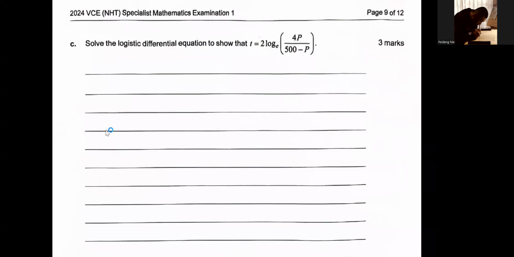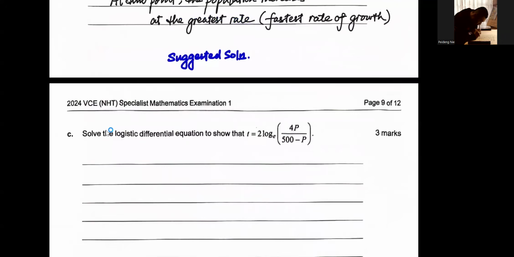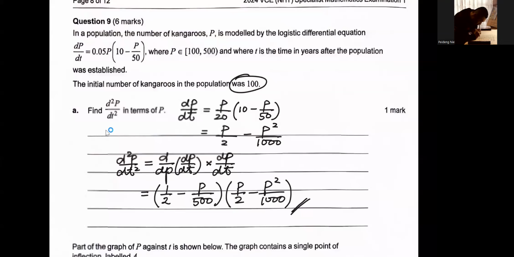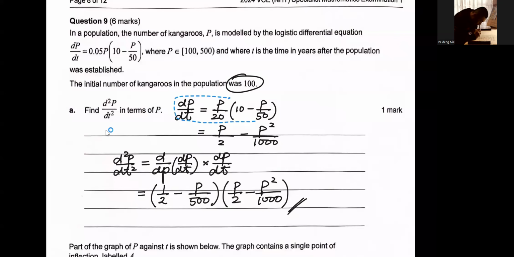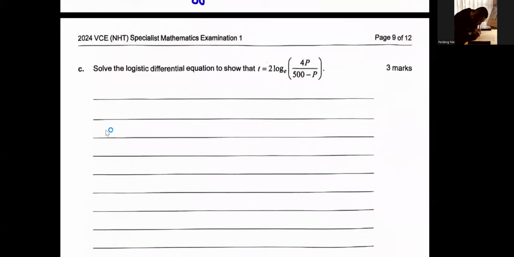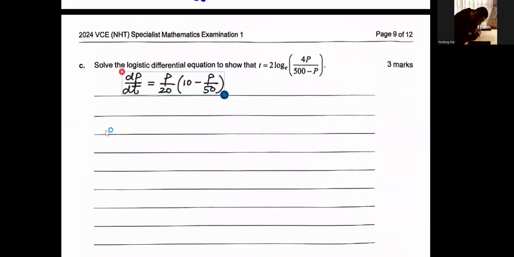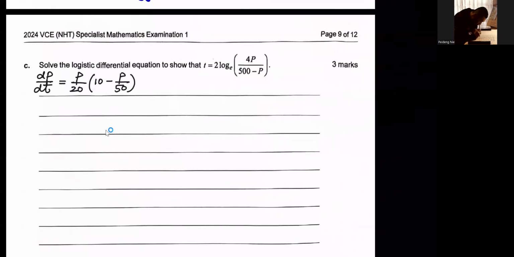Now I just come back to solve this differential equation. So this is your differential equation. But I do need to make some reasonable manipulations here. And it's quite a few marks, 3 marks. What I'm going to do is I'll take out a 1/50.